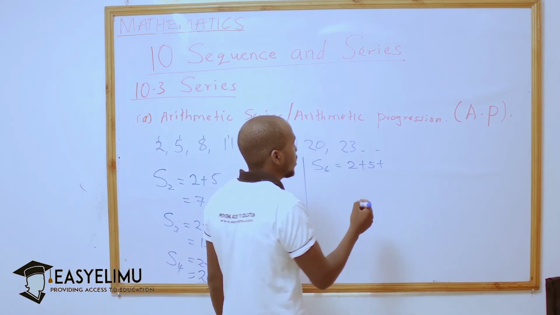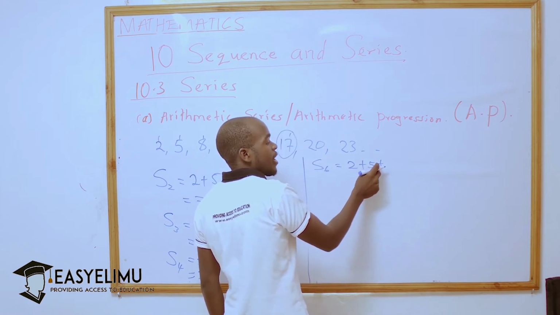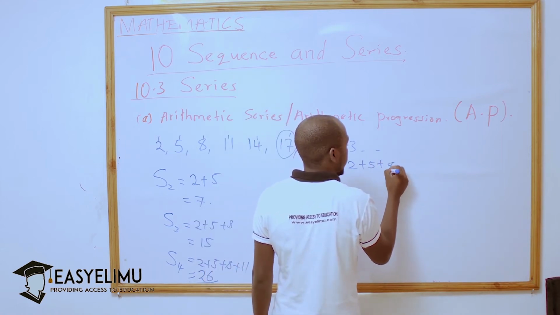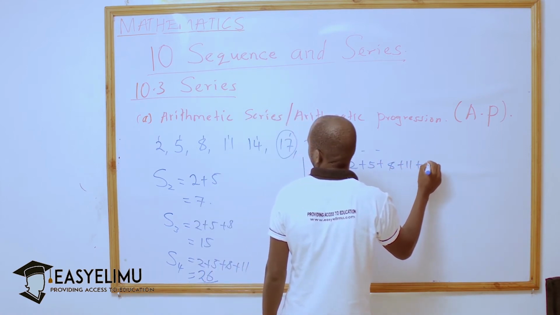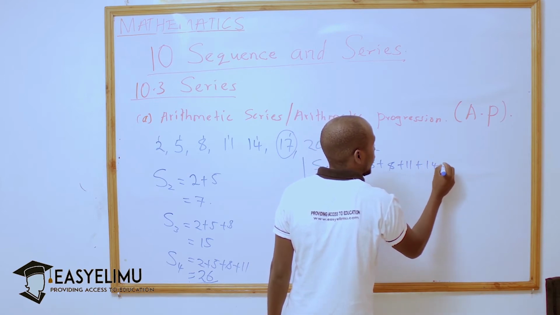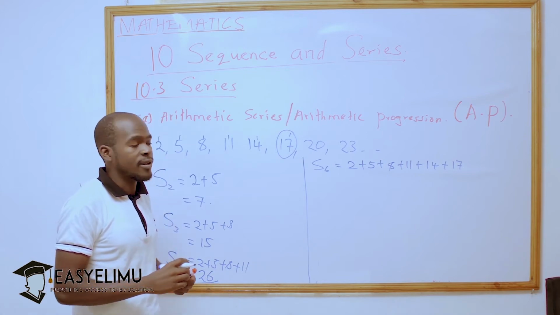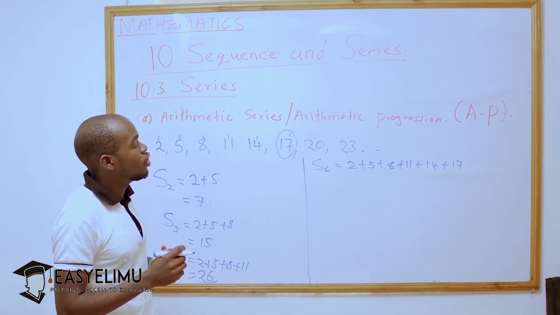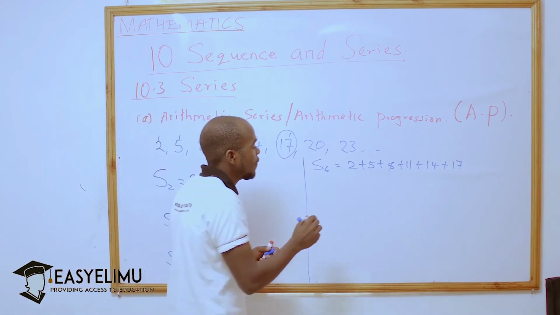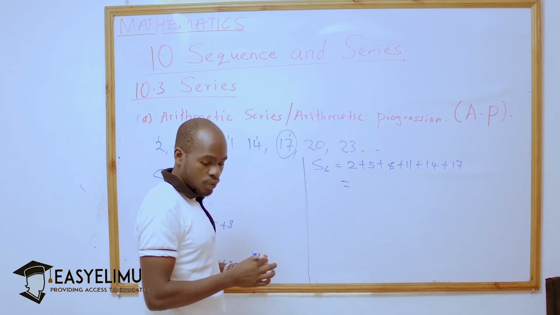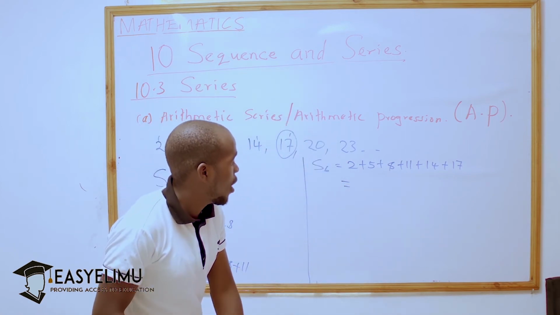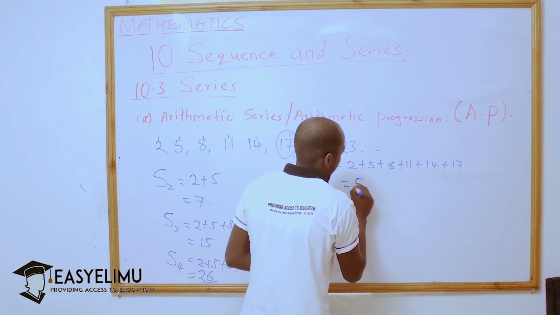S6 will be 2 plus 5 plus 8 plus 11 plus 14 plus 17. That's the end of S6. If you have been told to find that sum, you will find the sum is 57.